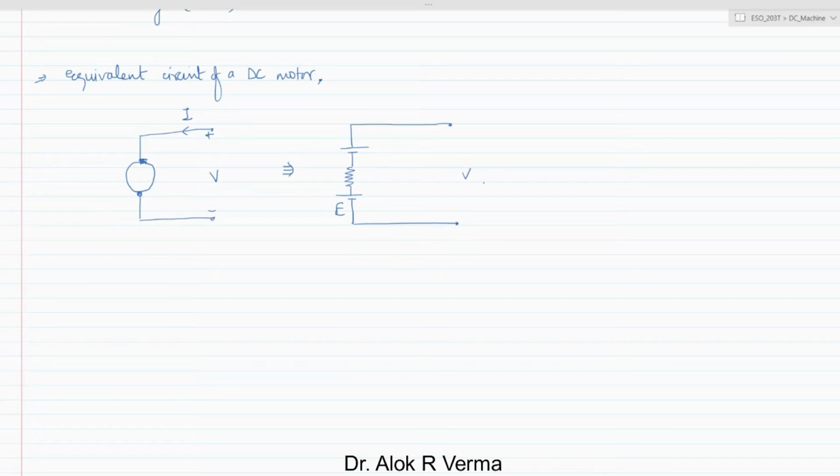So this is V applied, and the current goes as IA, the armature current, with the brush voltage drop, the armature resistance, and this is the polarity. This is the equivalent circuit of a DC motor, which I have already discussed in the generator case. If you write the KVL, you get V is equal to E plus IA into RA plus the voltage drop across the brush.